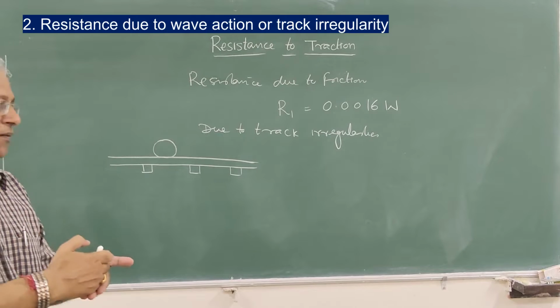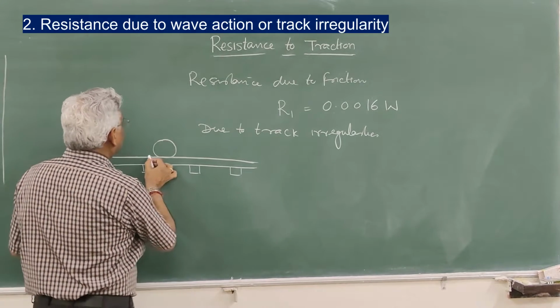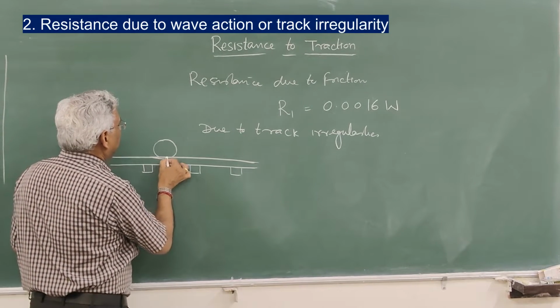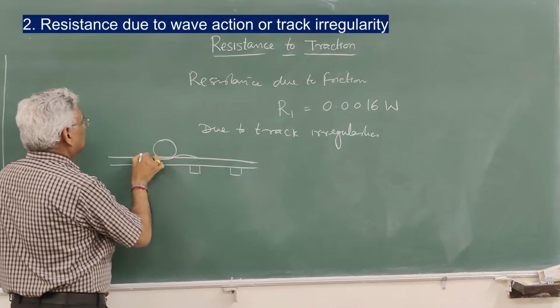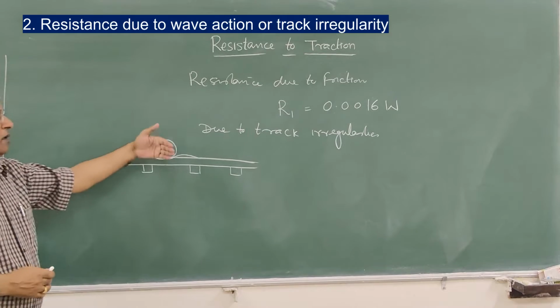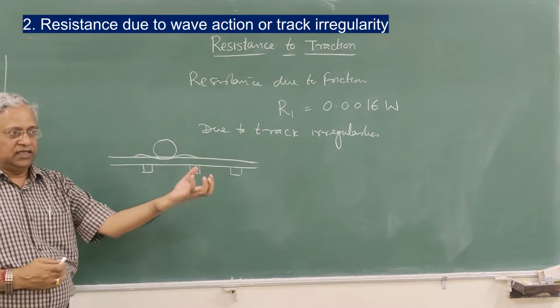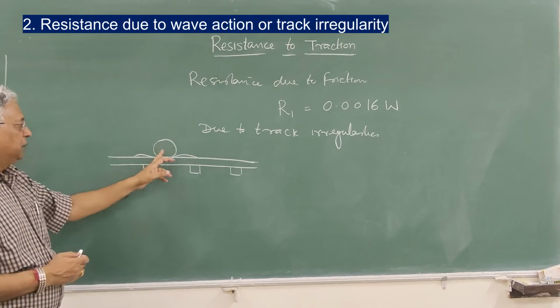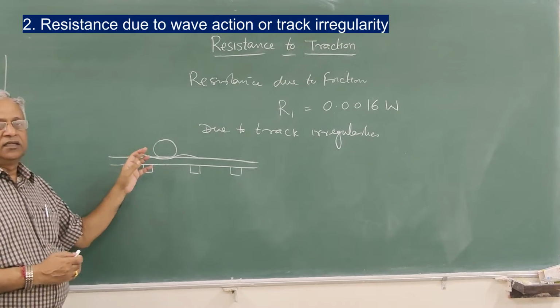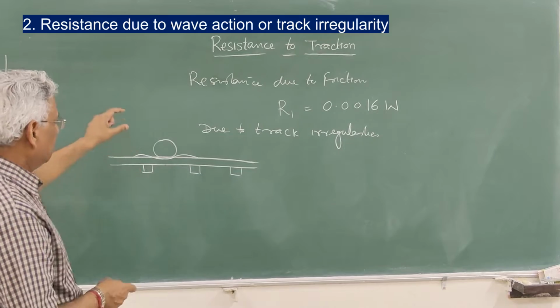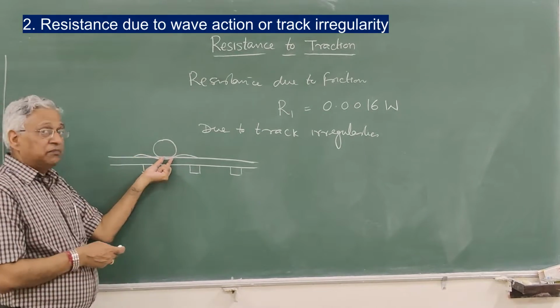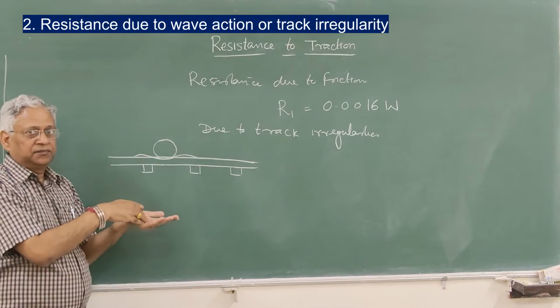Rail gets deflected, and because of this deflection, a wave is created in the rail. The portion which is beyond the wheel is slightly lifted, and the portion which is behind the wheel is also slightly lifted, and the part of the rail which is just below the wheel is deflected.